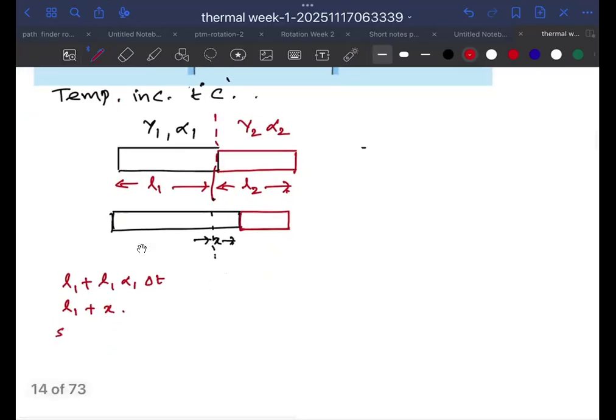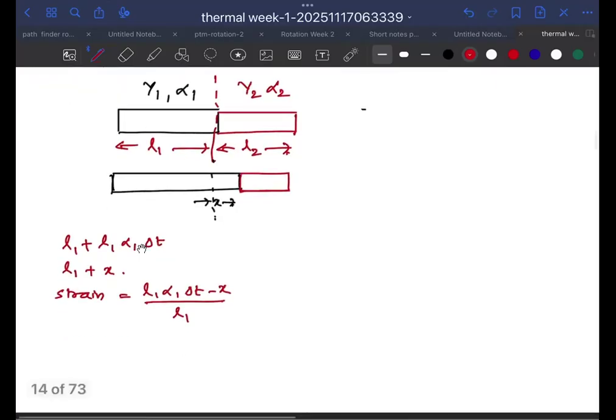So what is the strain? Strain is simply L1 alpha 1 delta t minus x by the original length, almost L1. This is the major step that I am going with. Any doubts? Boys, I am telling you again, this is the major step I am going with. This is strain results stress.